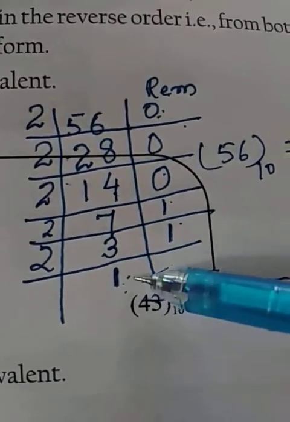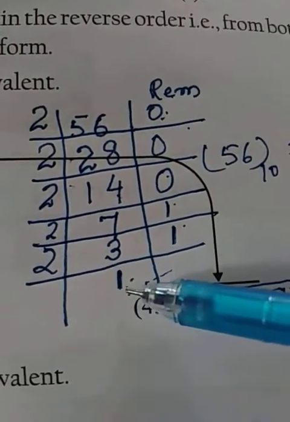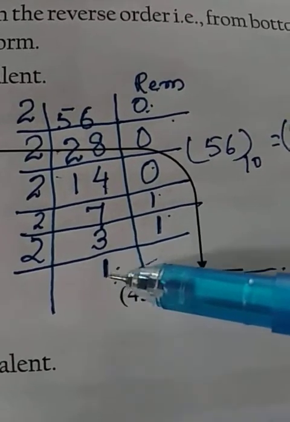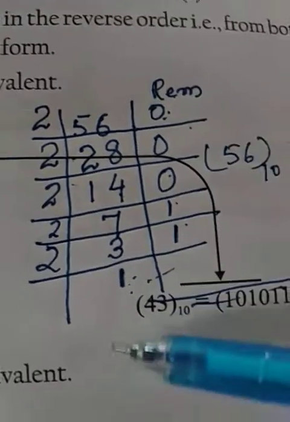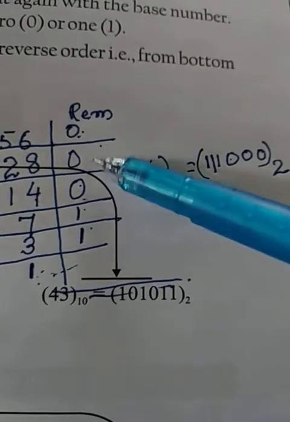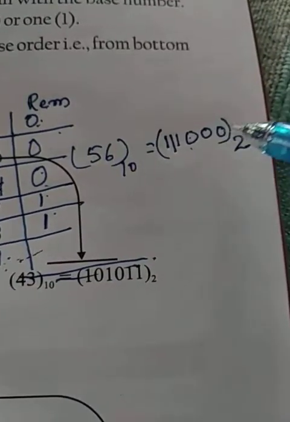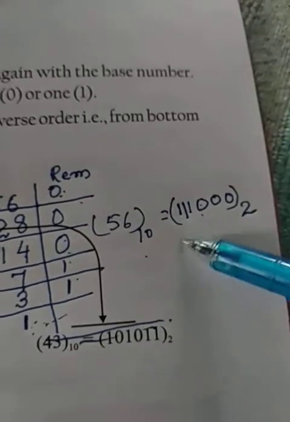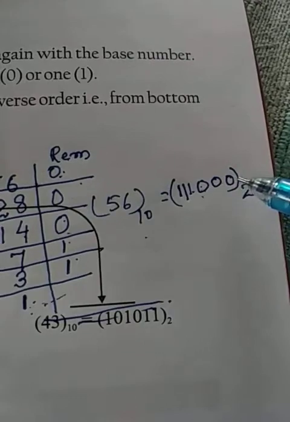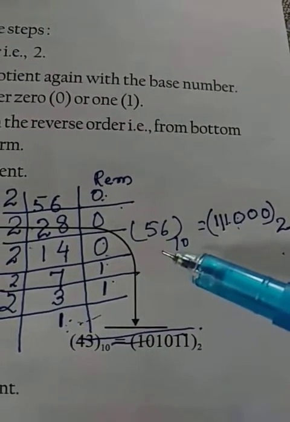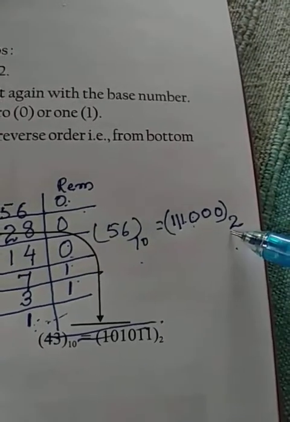Similar process until no more division is possible, only 1 comes, and then we arrange it from down to up. 1 1 1, then 0 0 0. So 56 in decimal is 111000 in binary. So we have converted decimal number 56 into binary.